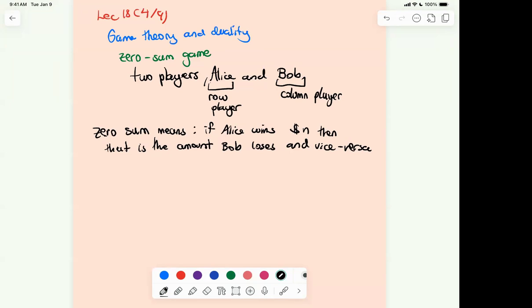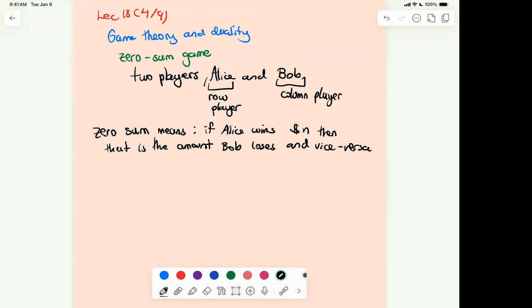So here's an example of a zero-sum game, which can be represented by matrices. This is where the matrices will come into play. I wrote this many times just to come up with the best possible way to explain it.